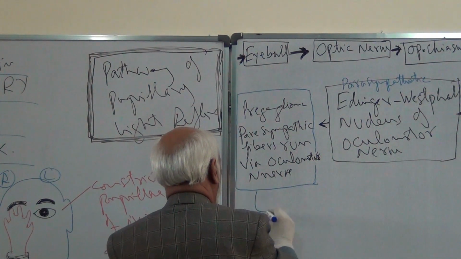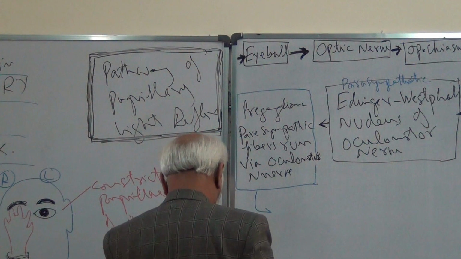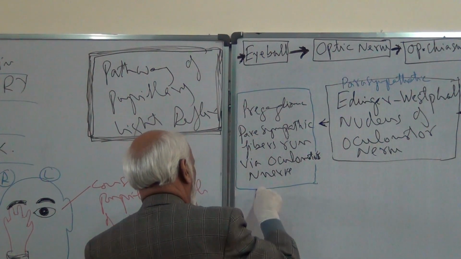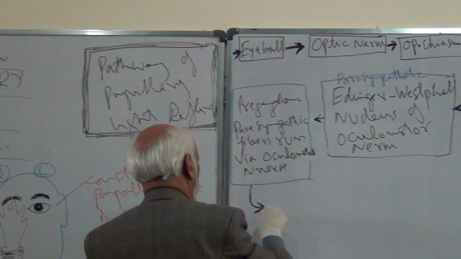These parasympathetic fibers then relay in the ciliary ganglion.